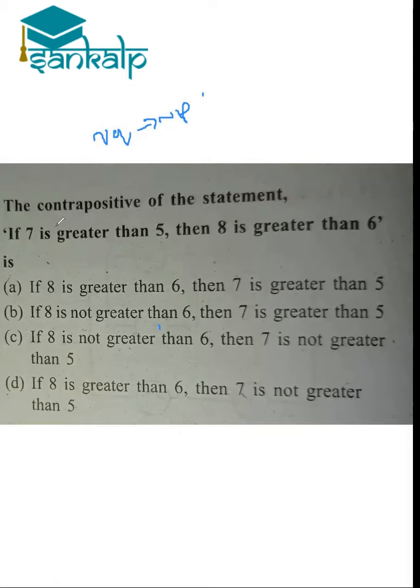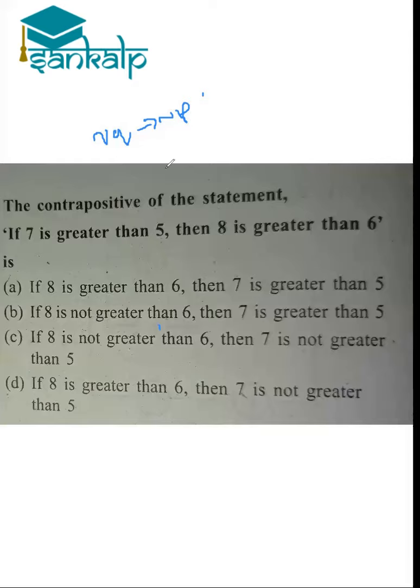So for the contrapositive, negation of Q implies negation of P. So say 8 is not greater than 6, and then if 7 is greater than 5, then 8 is greater than 6.